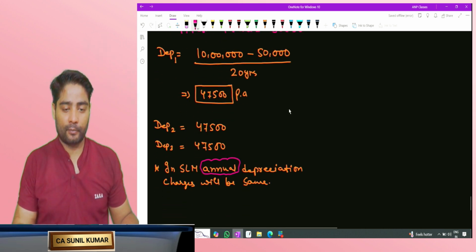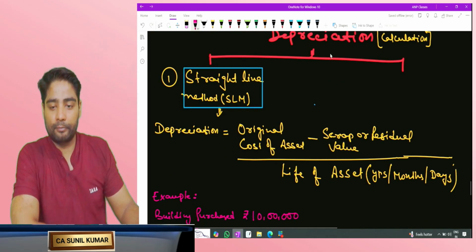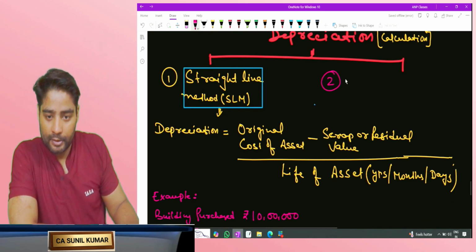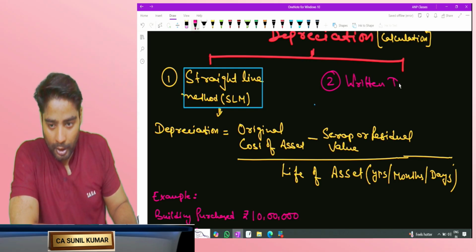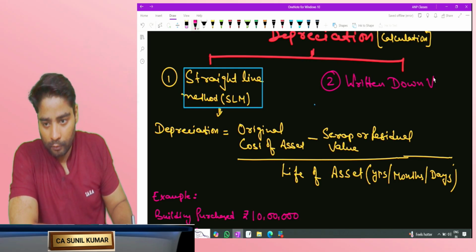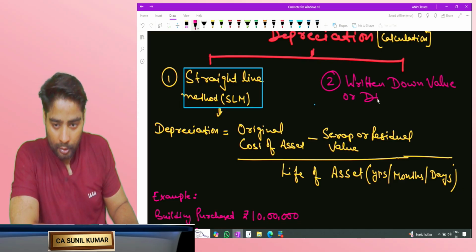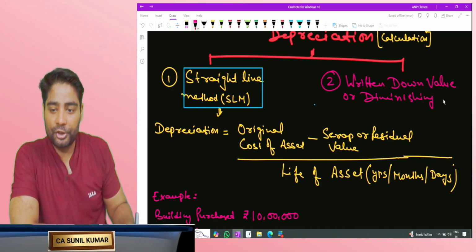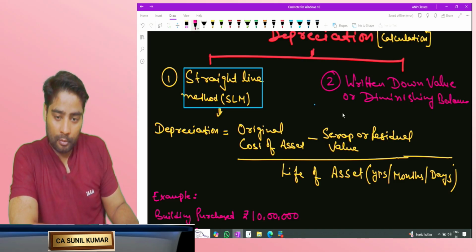On the other hand, did you write it down? On the other hand, the second method is written down value or diminishing balance method.